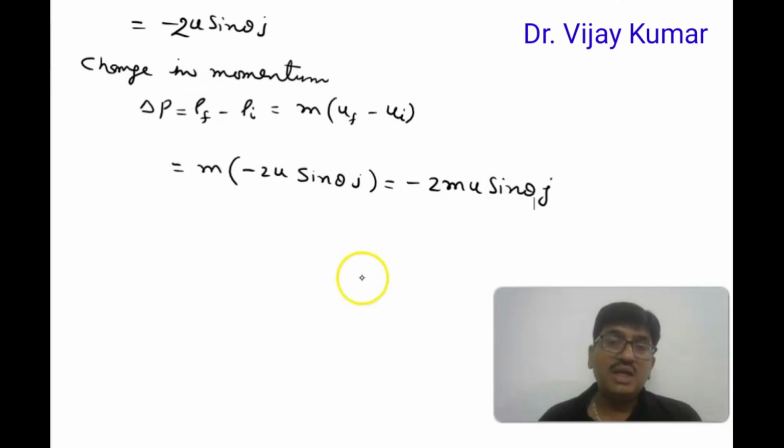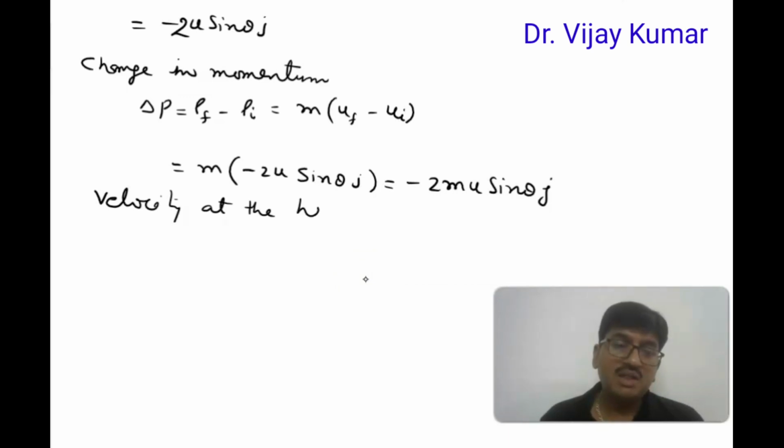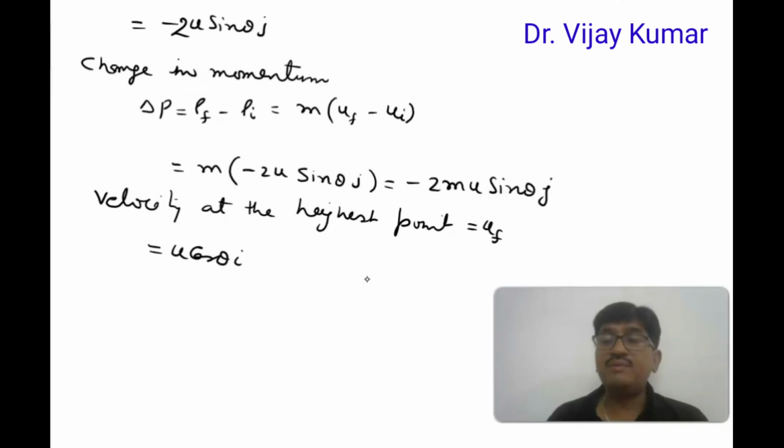Now we will calculate the velocity at the highest point, and we know that it is uf, which is u cos theta into i.